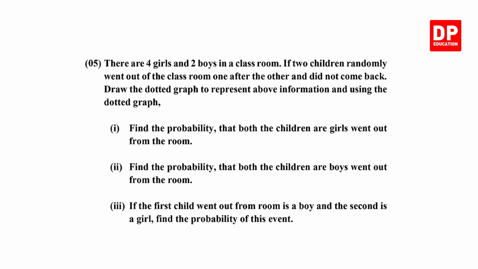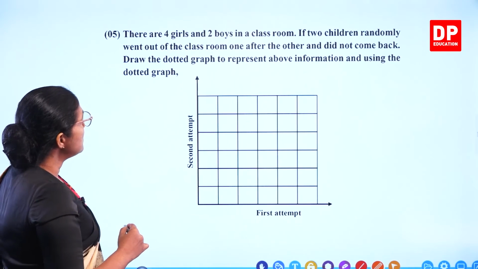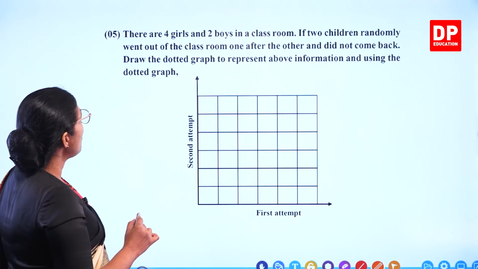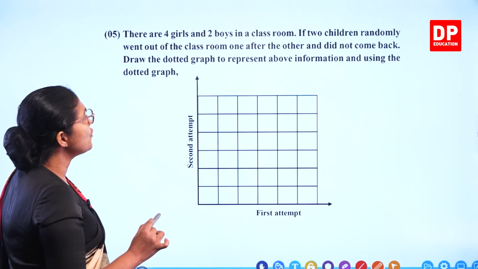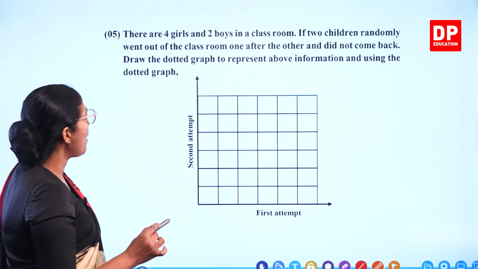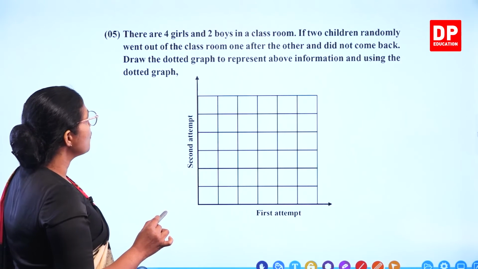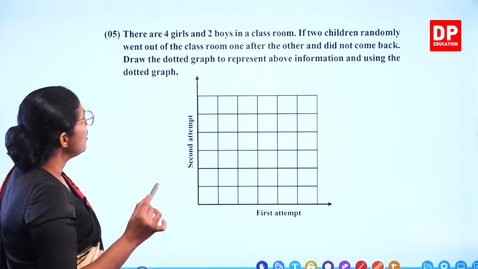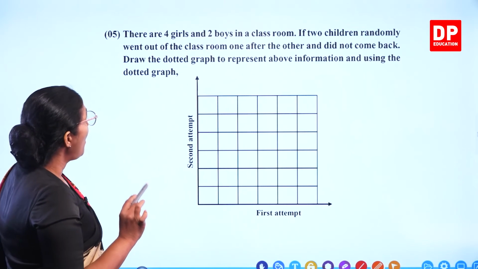Question number 5. This is about probability. There are 4 girls and 2 boys in a classroom. If 2 children randomly went out of the classroom, one after the other, and did not come back, draw the dotted graph to represent the above information, and using the dotted graph, you have to answer the questions.